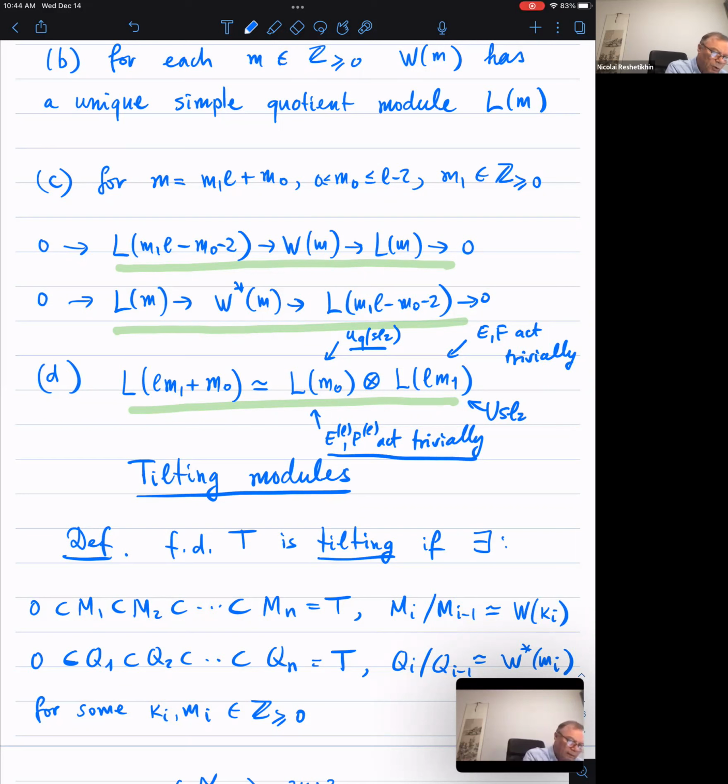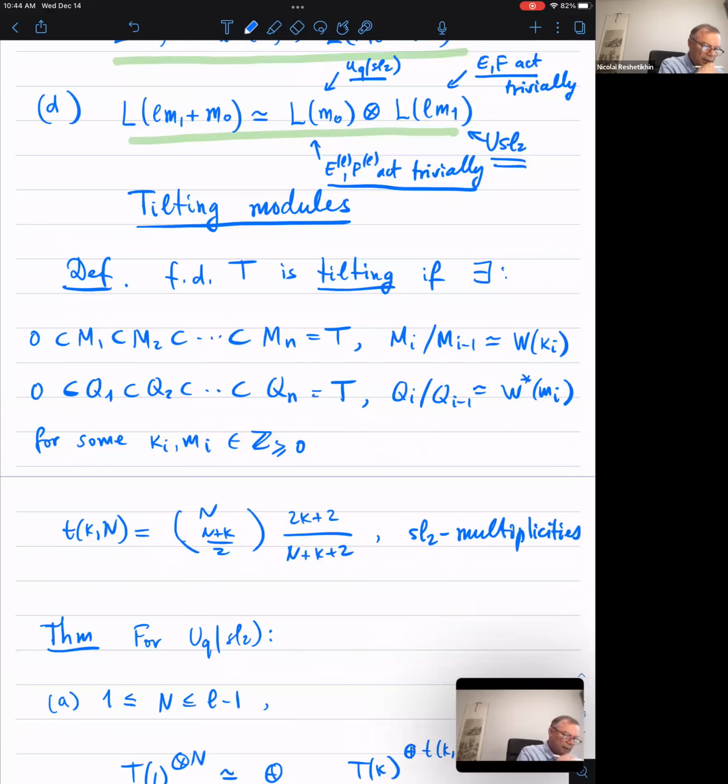And the second module is where the small quantum group acts trivially, and the divided powers, which generate the universal enveloping algebra of sl2, act irreducibly. So one can say that it's a tensor product of two irreducible representations.